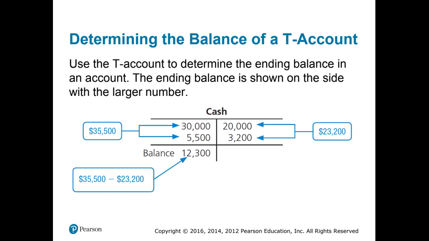And that amount, the balance, is always reported on the side with the larger number. So the debit side had a total of 35,500. The credit side had a total of 23,200. The larger number is on the left, the debit side. So our balance is going to be on the left, the debit side.